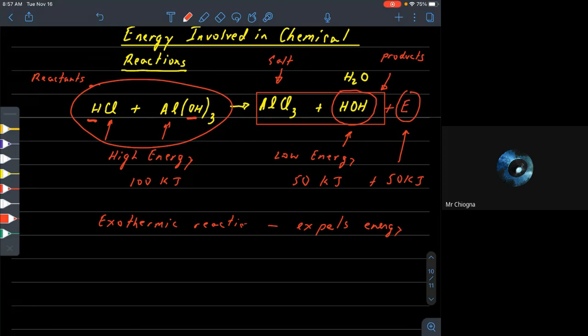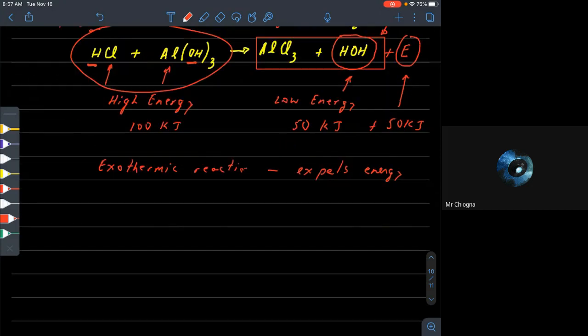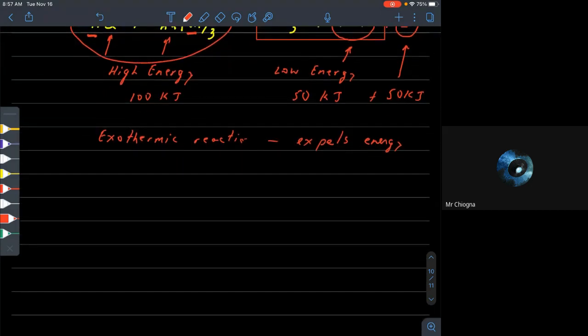Okay, so how do we indicate this on a chart? Let's take a look.